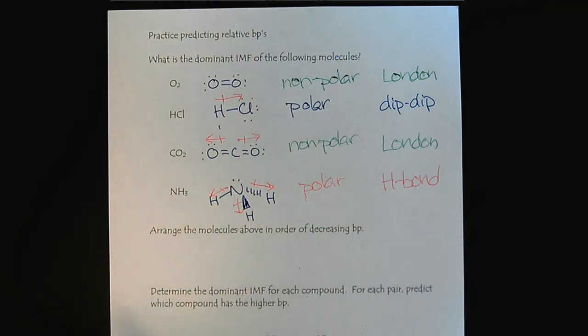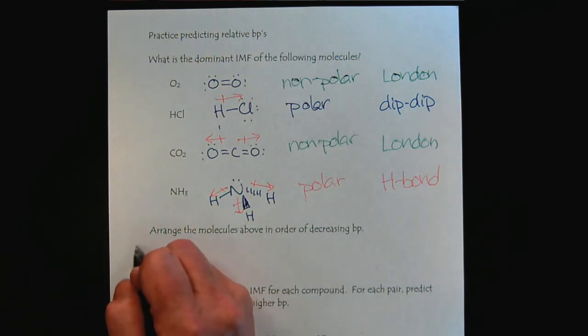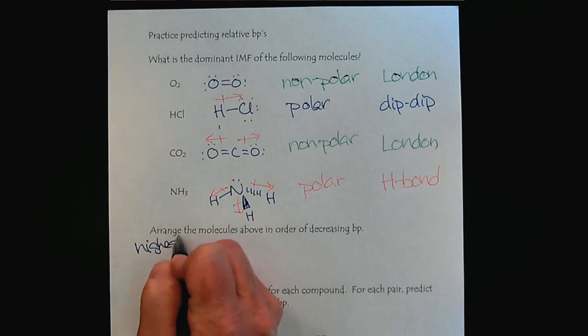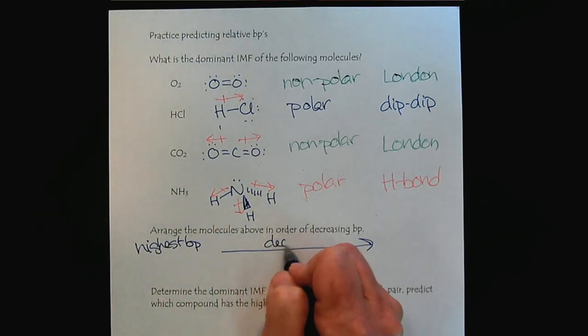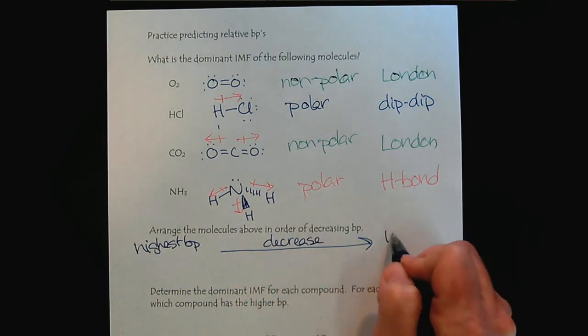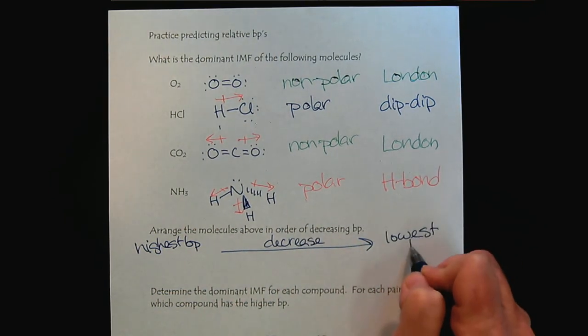Now we can arrange these compounds in decreasing boiling point. So that means we're going to start with the highest boiling point and then decrease to the lowest boiling point.